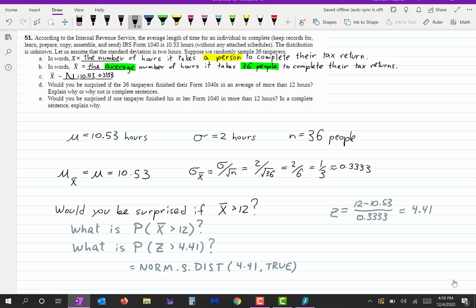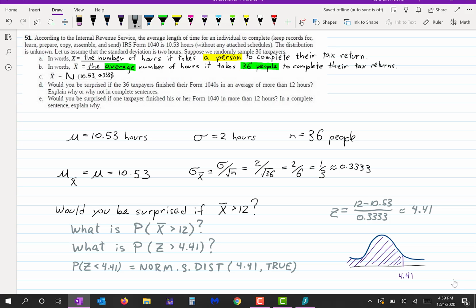Okay, now I got the answer, but before I tell you the answer though, I want to point out something. When you do that, remember, it's always telling you an area to the left of your z-score, which means less than. So the number that I'm about to tell you is the probability that z is less than 4.41.